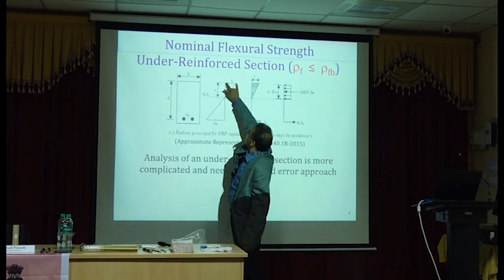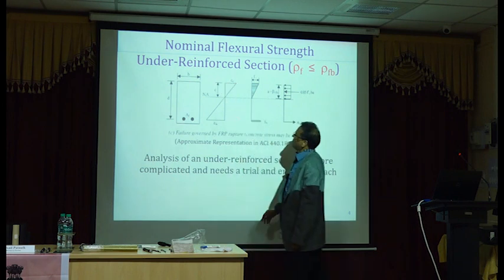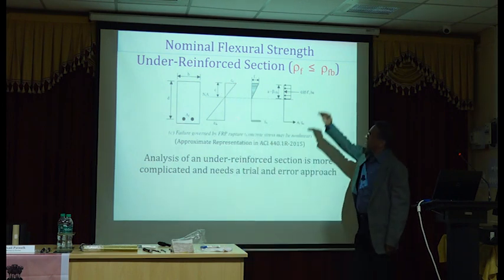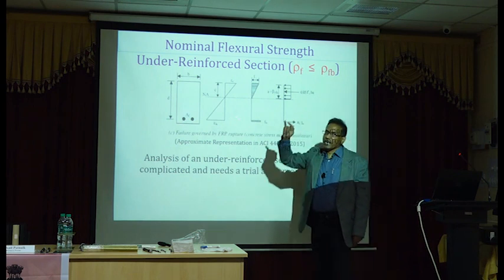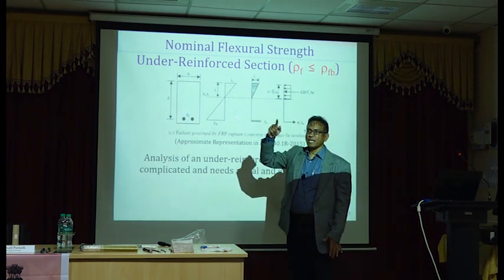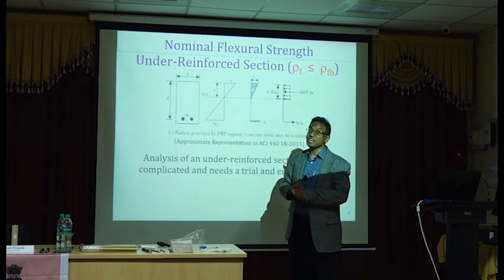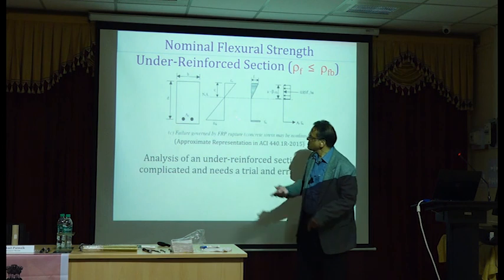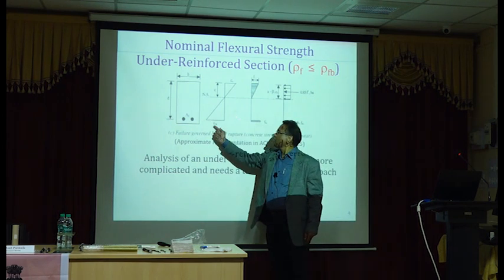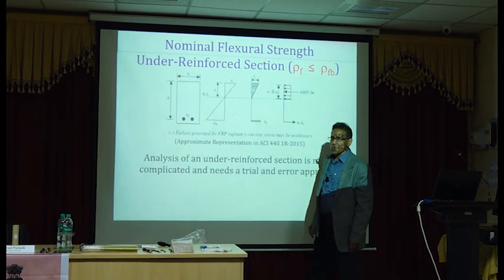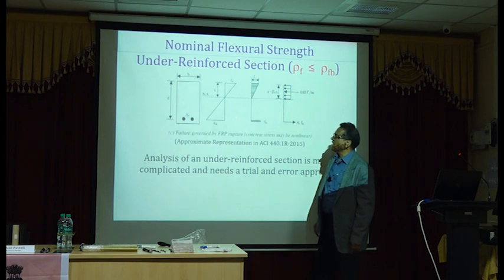Here, just recapping what we already know, we all know this really well. In this case, the strain in the concrete at the top fiber is likely to be less than 0.003 or 0.0035, right? It's an under reinforced section. But at the bottom, you can have epsilon FU, which is the strain at failure for FRP.